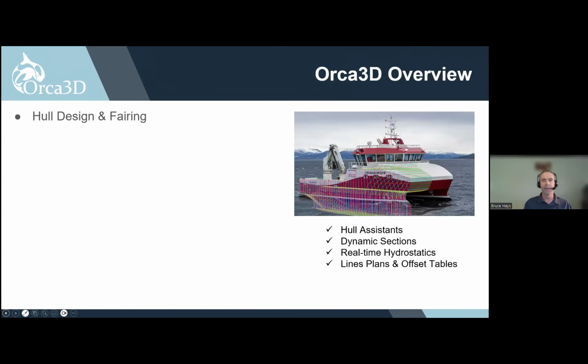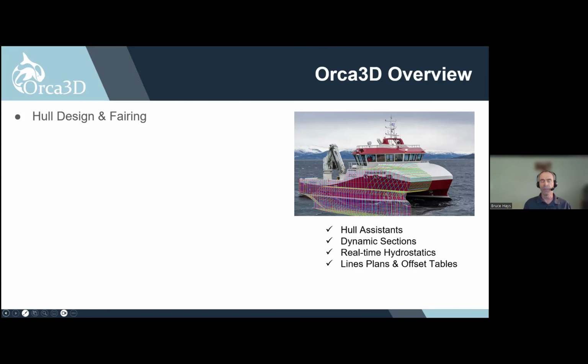Orca3D has multiple modules and different feature areas, and we'll begin here with hull design and fairing. Here we have hull assistants for rapidly generating 3D surface models of various types of vessels, and you can continue to edit those surfaces once you've created them by moving control points.